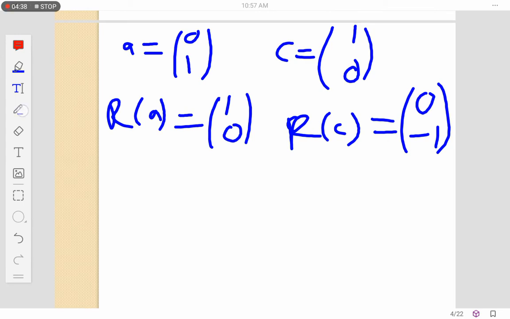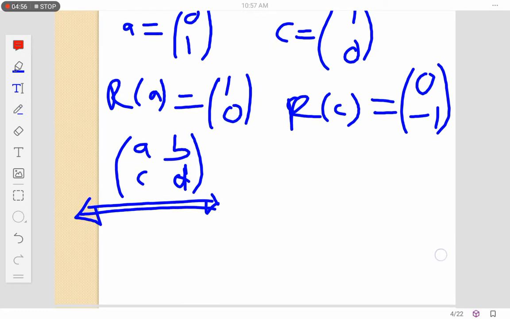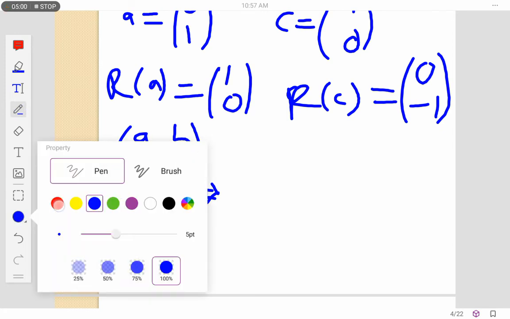Now, let me use again that matrix a, b, c, d, so that we generate this matrix of rotation using our initial and our final vectors. R is just representing rotation there.